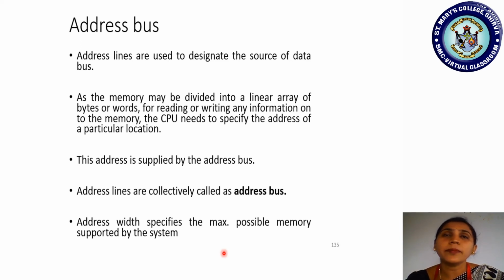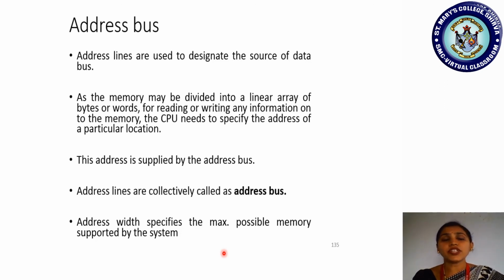Whatever the memory spaces you have, whatever the data you are storing, each memory location has its own address, and those memory addresses are given by whom? By the address bus. The address lines are collectively called the address bus. It could be 8, 16, 32 or 64 lines to carry the address information.